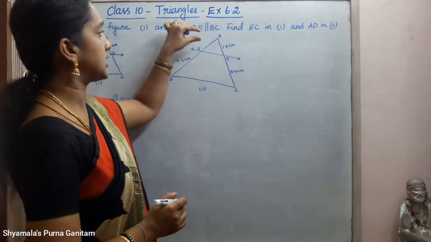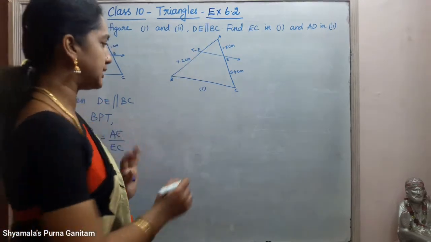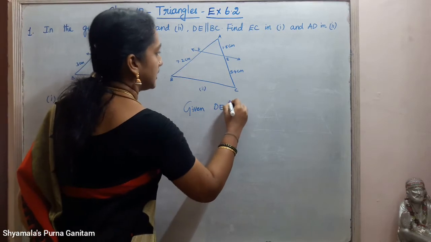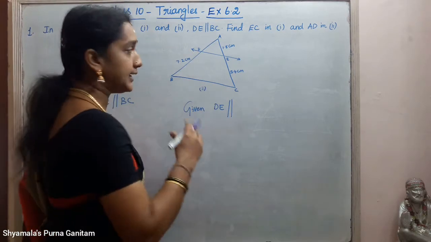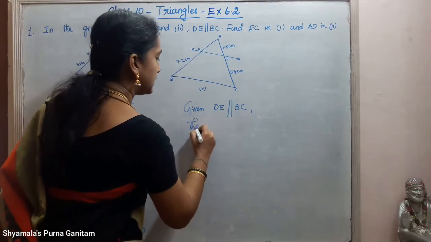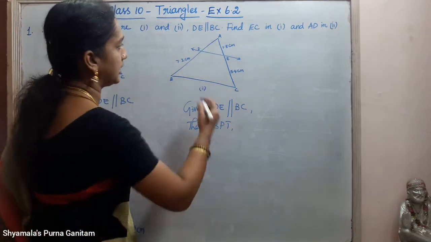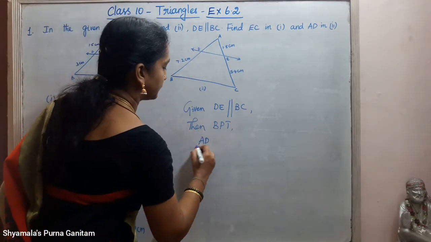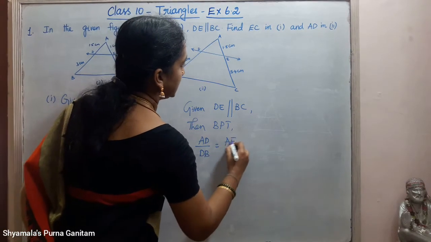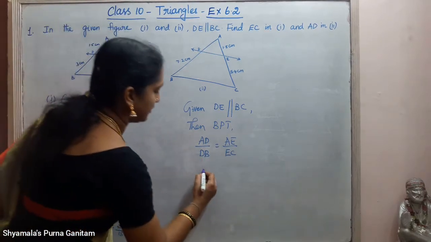In the second one, we are asked to find AD. Here also it is given DE parallel to BC. So, by basic proportionality theorem, AD by DB is equal to AE by EC. AD is what we are asked to find.